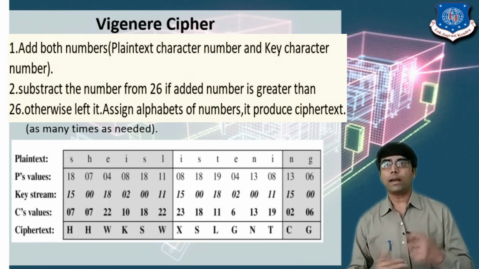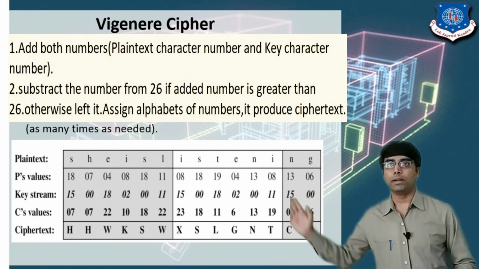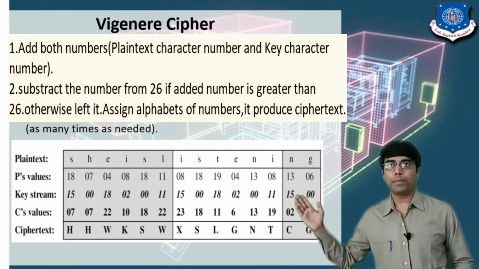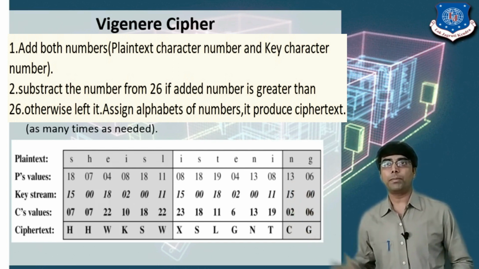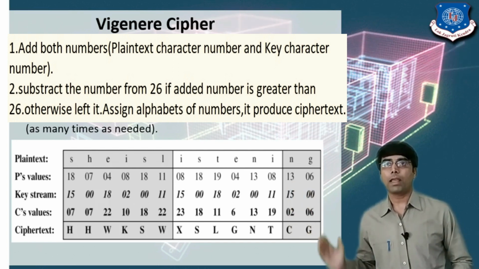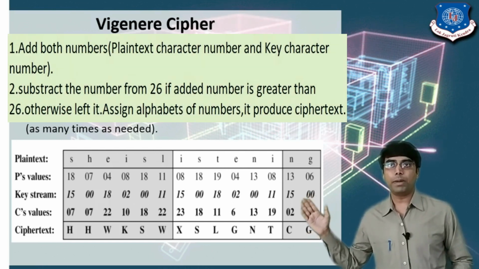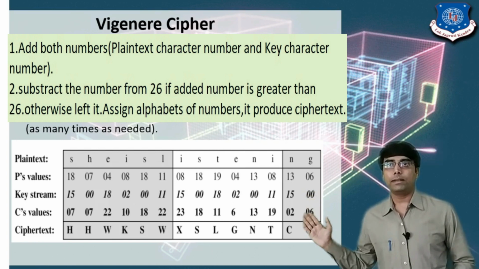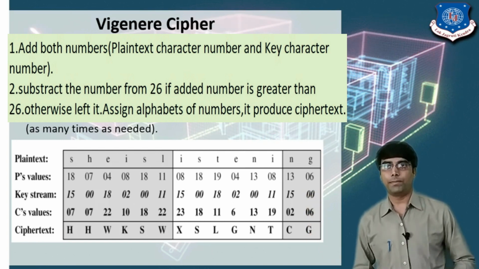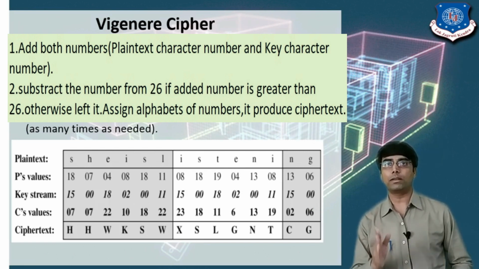So now we add these to get the first character of the cipher text. The first character of the plain text is S, which is 18, and the first key character is 15. So now we add these two numbers, 18 plus 15, and you will get 33.